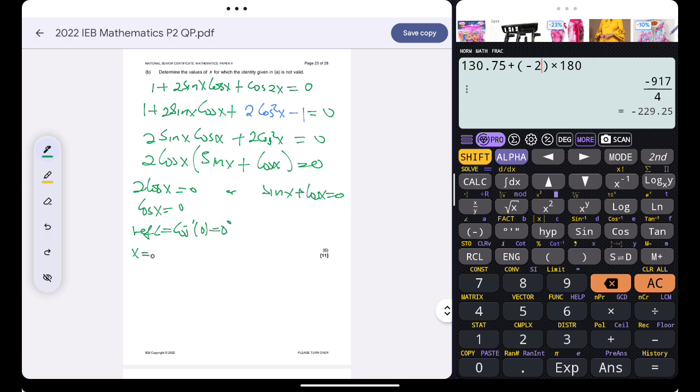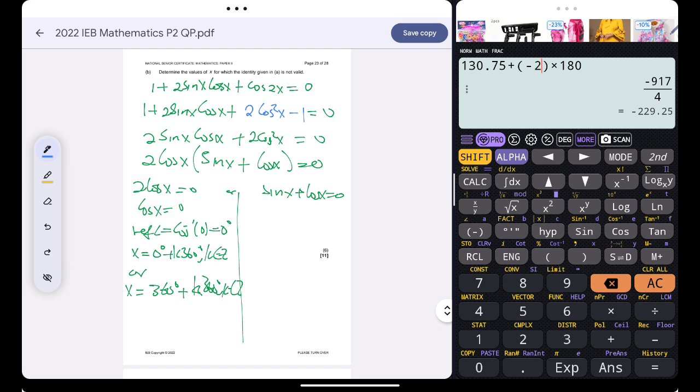So therefore x is equal to 0 plus k 360, where k is an integer, or x is 360 minus 0 plus k 360, where k is an integer.